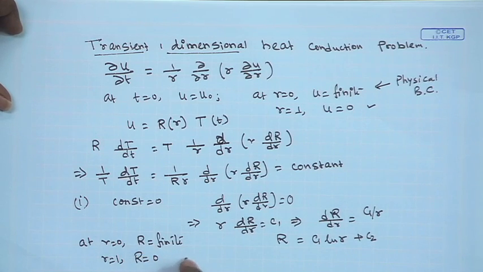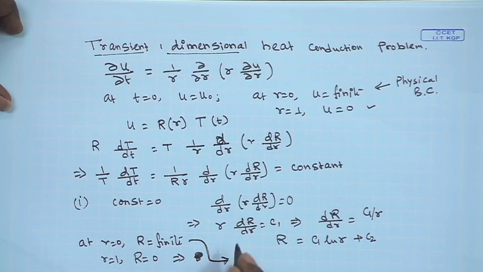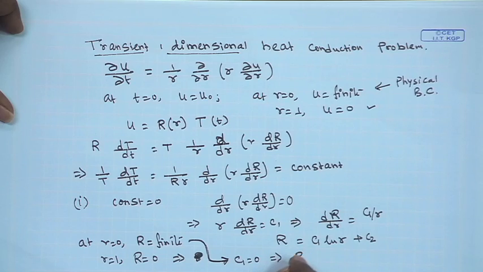For r equal to 0, R is finite, but ln 0 is not defined. Therefore, the associated constant will be equal to 0, so imposition of this boundary condition means C 1 is equal to 0. So R is equal to C 2, and at r is equal to 1, capital R is equal to 0. Therefore, C 2 is equal to 0, and capital R is equal to 0.